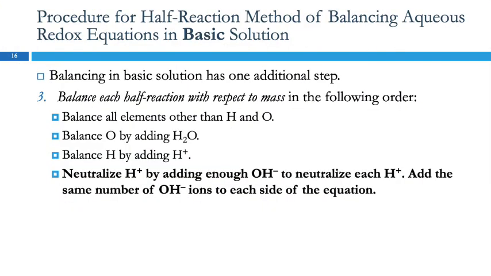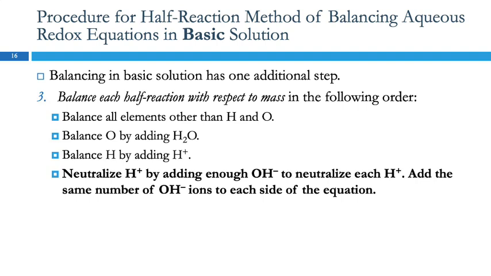Okay, so what if we're balancing a redox equation that is happening in basic solution? There's one extra step. The only thing we have to change is that we can't have H plus ions in our final equation.